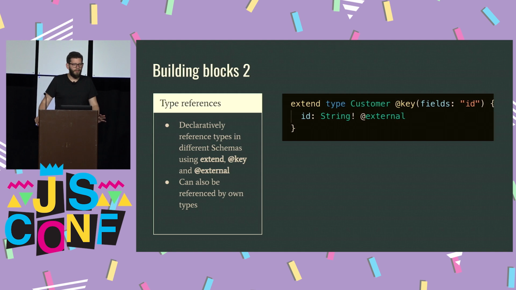Everything you do there is just creating the same type again, but putting this extend keyword in front of it, and again this directive, the @key primary key, at the end of it. And that's basically where you just reference the other schema.